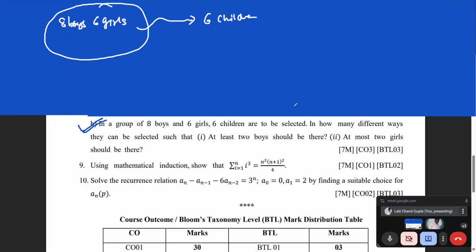In how many ways can they be selected? The first question is: at least 2 boys should be there, and at most 2 girls. So in how many ways can you choose?